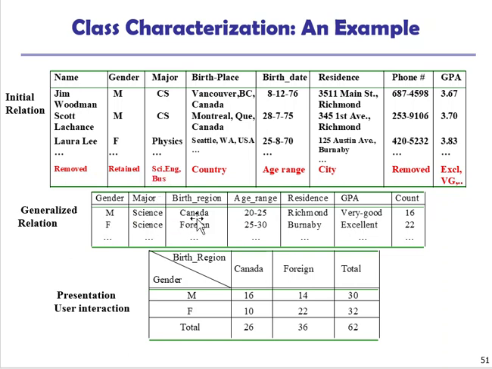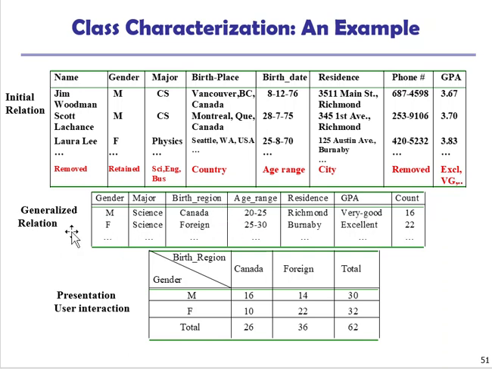We have birthplace. We probably have, from streets to city to country, and the system says to generalize to country. So now our generalized value becomes Canadian, US, and all the rest goes to foreign.